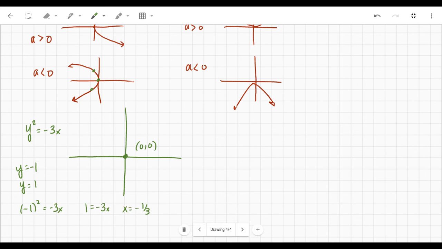So when y is negative 1, x is negative 1/3. So let's go ahead and go by 1/3. That's going to make our life a little bit easier. Okay, so we'll have the point negative 1/3 for x, negative 1 for y. So negative 1/3, negative 1.